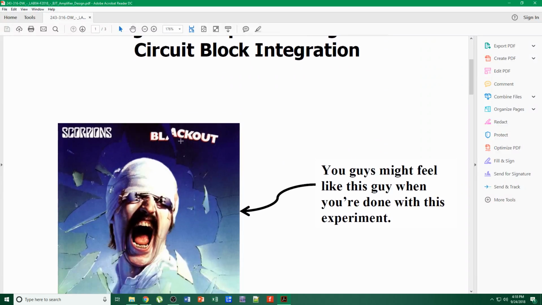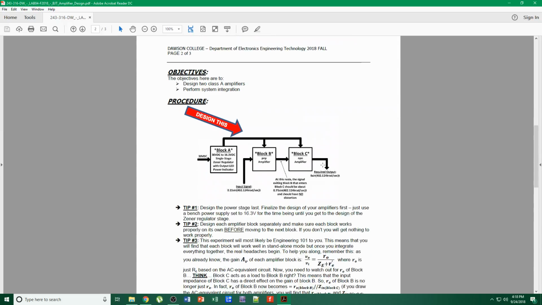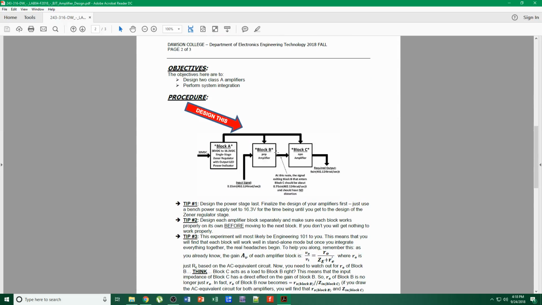Okay. So at the moment I have block B and C calculated. So I'm going to go about actually setting that up on Multisim and seeing if it works as intended.